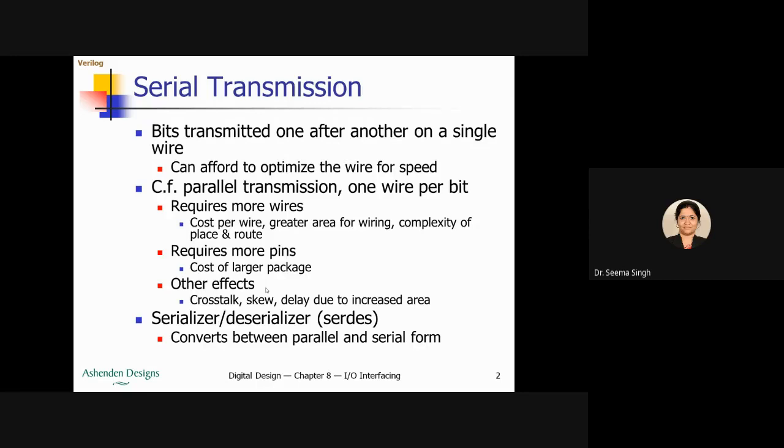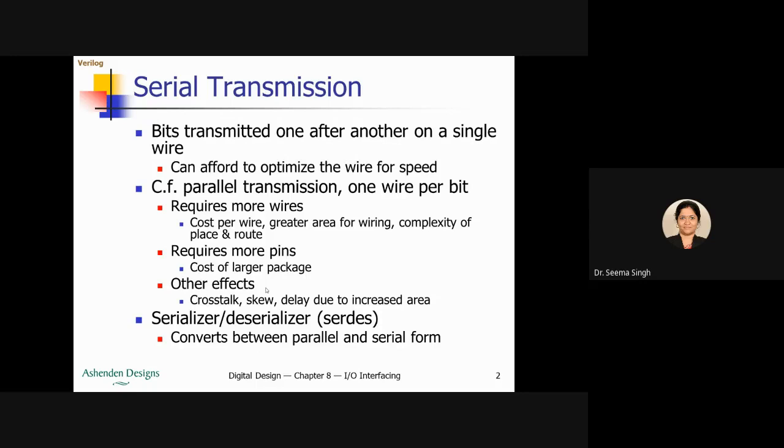So it requires more wires, and the connection happens in parallel. But of course, the speed will be high. Why? Because in one clock cycle, your 8 bits or 16 bits will transmit. And in serial transmission, the same 8 bits require 8 clock cycles to transmit. That is why serial transmission is not optimized for speed. Parallel transmission is optimized for speed.